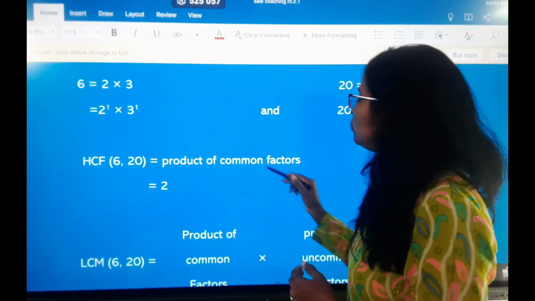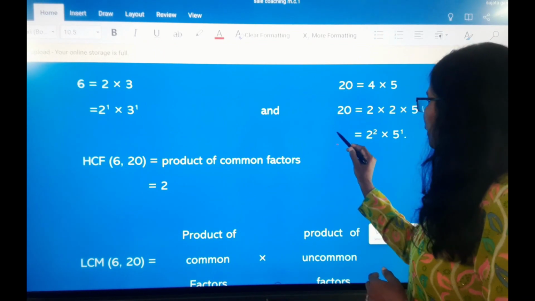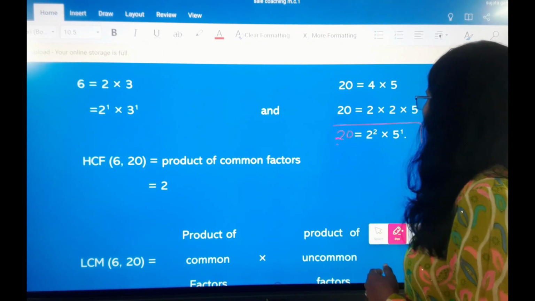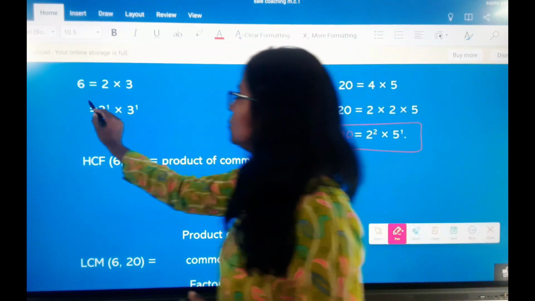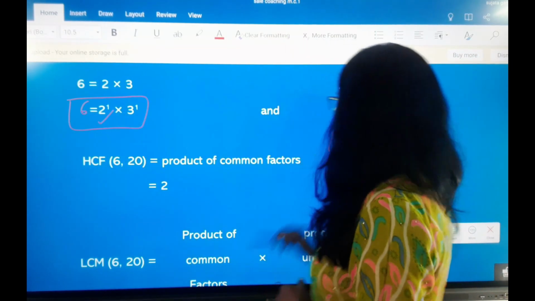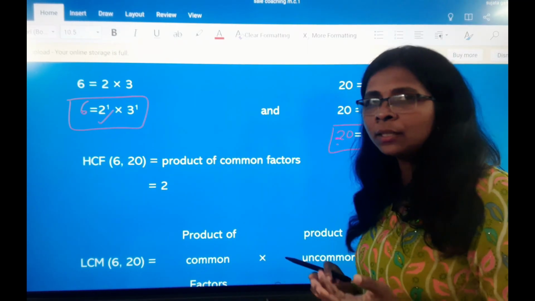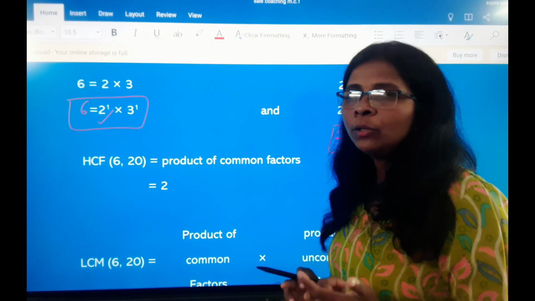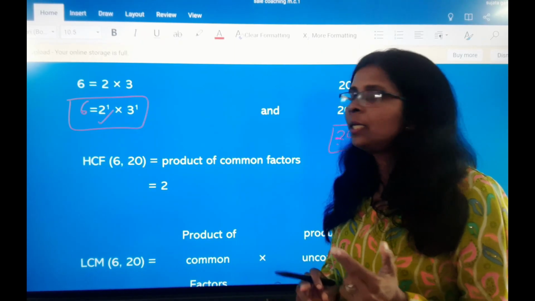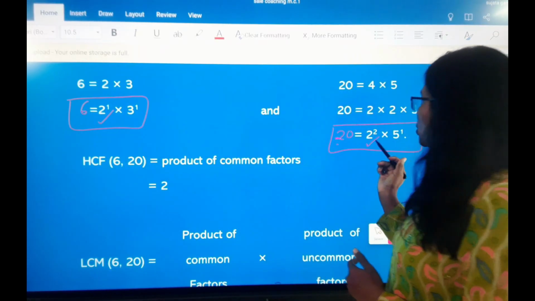सो इथे बघा, these are the factors in the power form. Okay, so now here see, smallest one is 2 raised to 1 and here 2 raised to 2 आहे, हे दोन आहेत powers. बरोबर, 2 हा कॉमन आहे. इथे आहे 2 raised to 1, इथे आहे 2 raised to 2 स्क्वेअर.